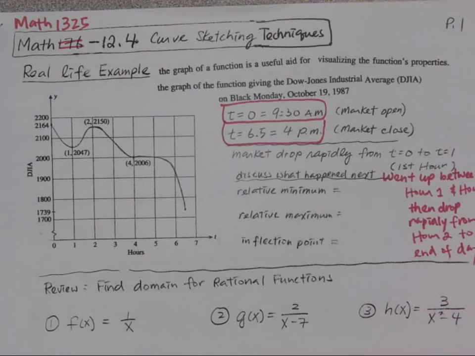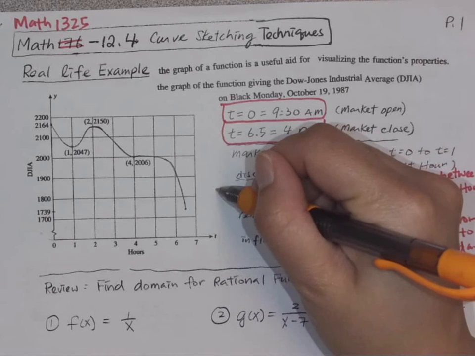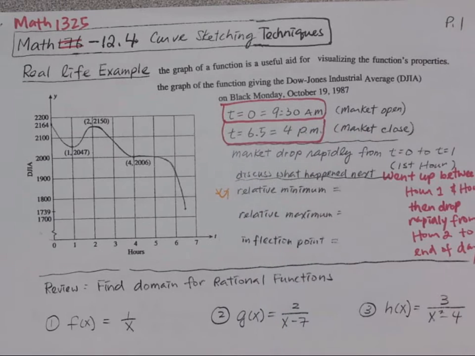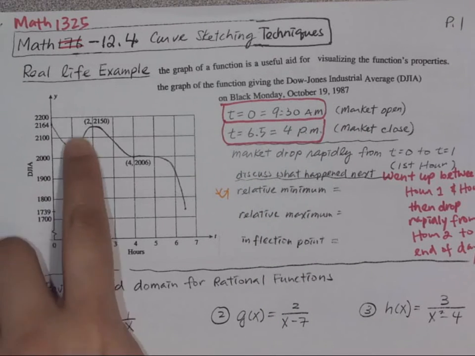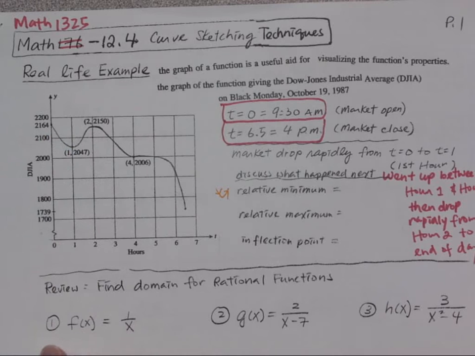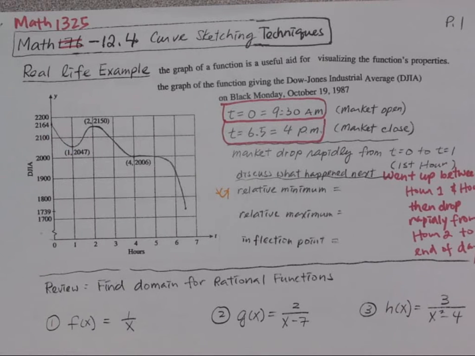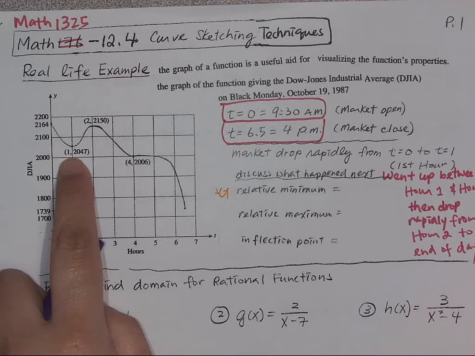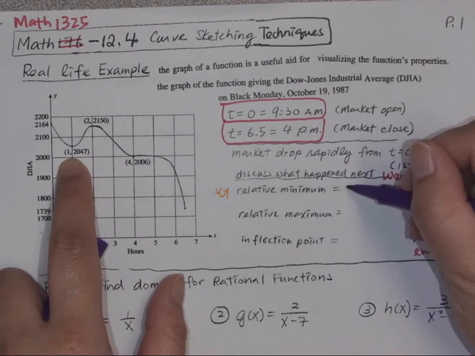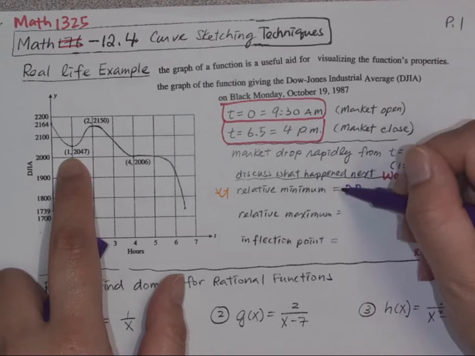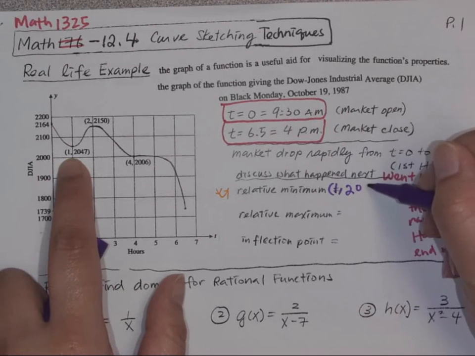All right. So do we have a relative minimum here? Remember, for a relative minimum, we have to go down and back up. So we go down and back up here. It looks like that is a relative minimum value. The value here they gave us is 2047.